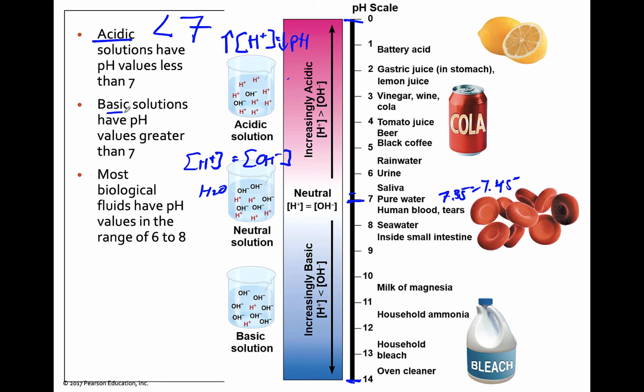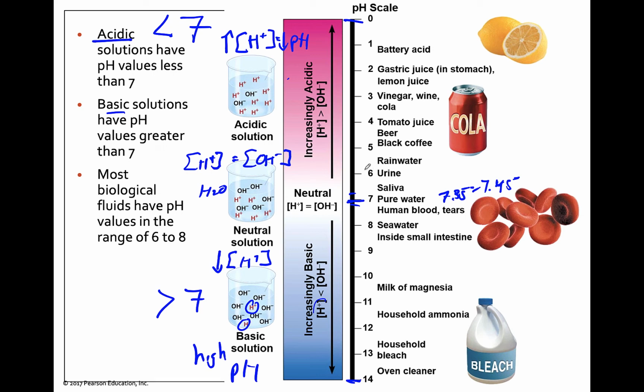And then a basic solution is going to have a pH of greater than 7. This is because it has a low concentration of hydrogen ions, which is going to result in a high pH. So anything from just over 7 all the way up to 14, you can see that it has very few hydrogen ions, and thus it has less hydrogen than it does hydroxide, and it's going to result in a very basic solution.